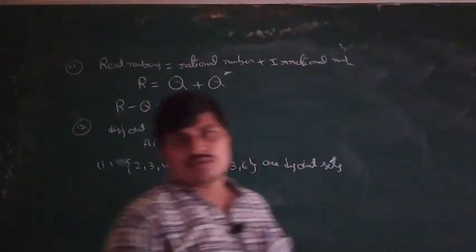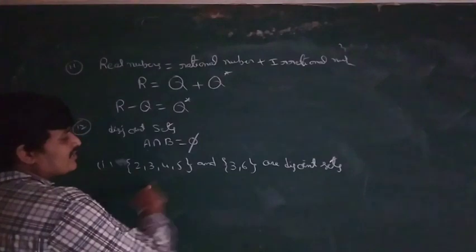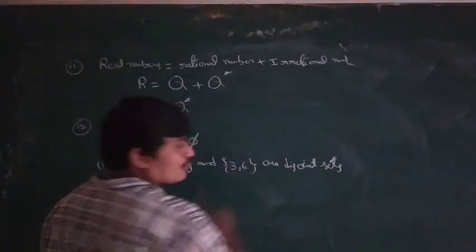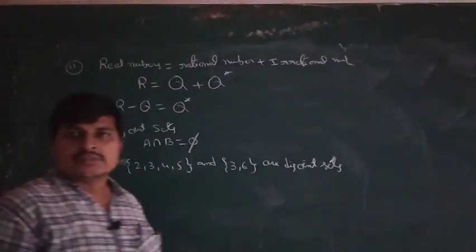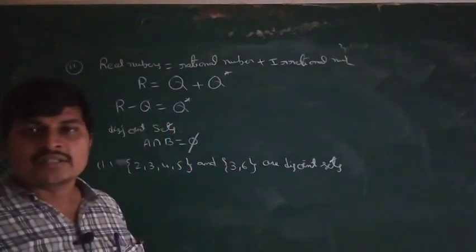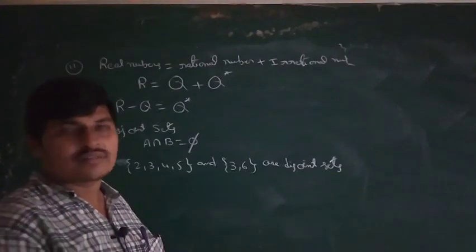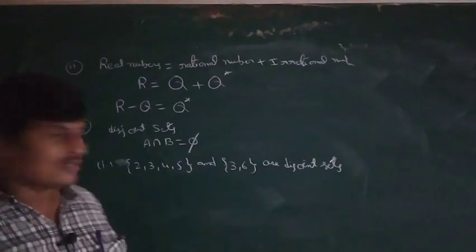Justify your answer. True or false means what? This is the set and the second set, are they disjoint? Is it that the two sets are disjoint, yes or no? Justify your answer.